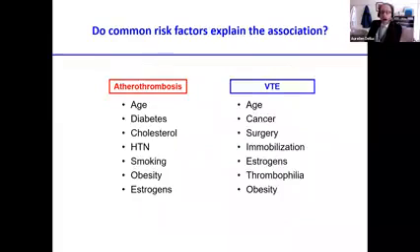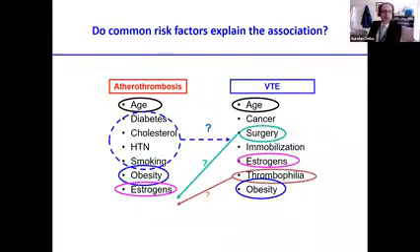So how can we explain this association? One of the potential explanations, of course, is looking at risk factors. I listed here the main risk factors for atherothrombosis and VTE, and it's clear that some of the risk factors are common, such as age, obesity, exposure to estrogens.